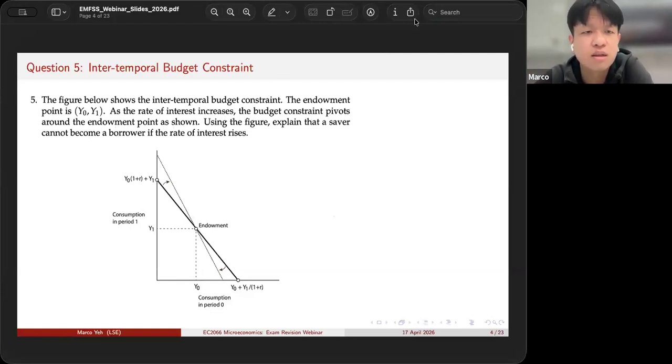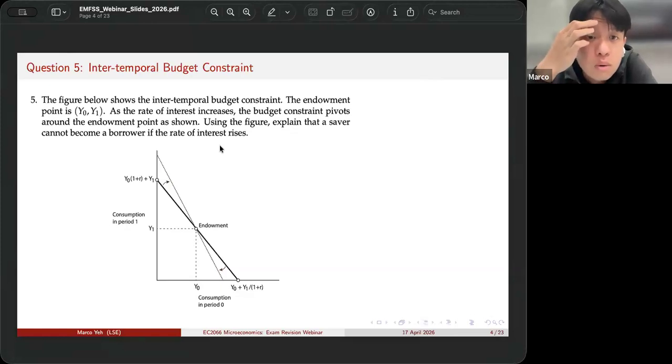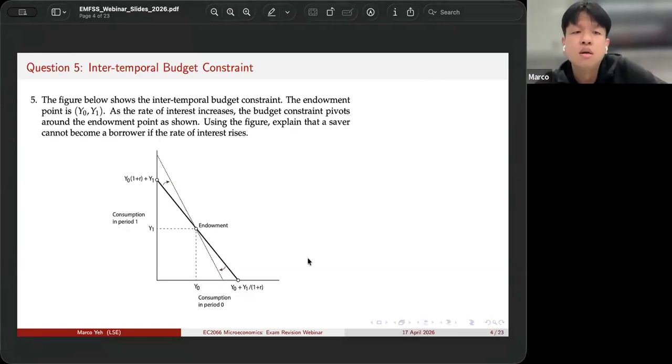Using the figure, explain the saver cannot be a borrower if the rate of interest rises. Okay, good. So this is the full question.